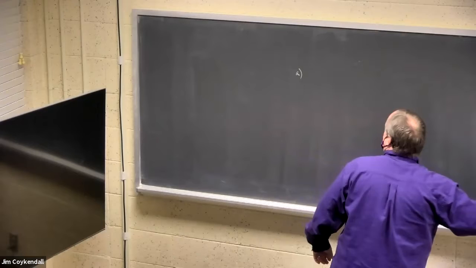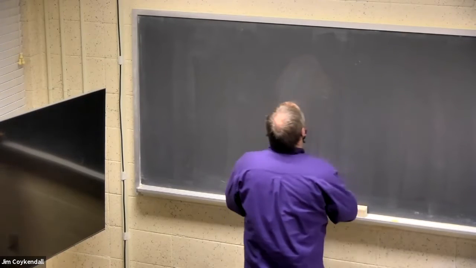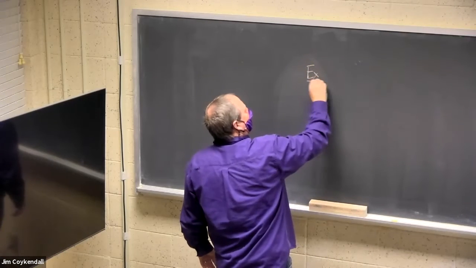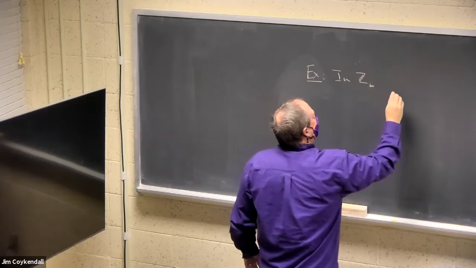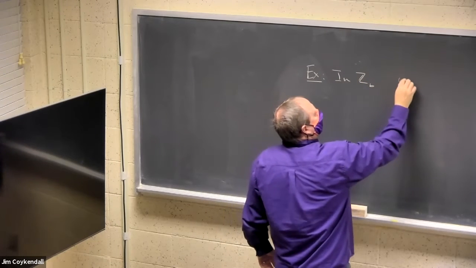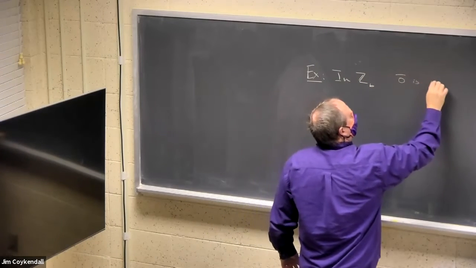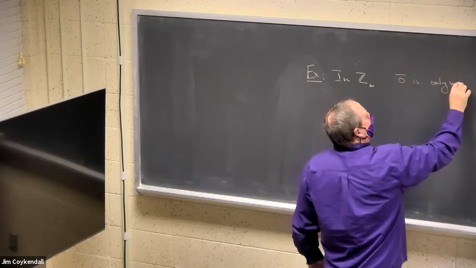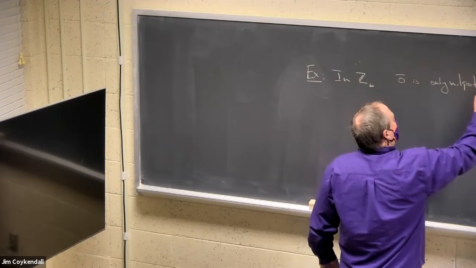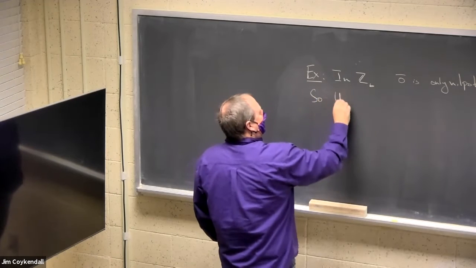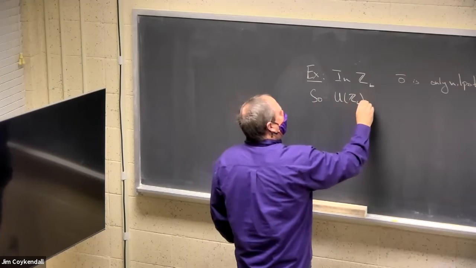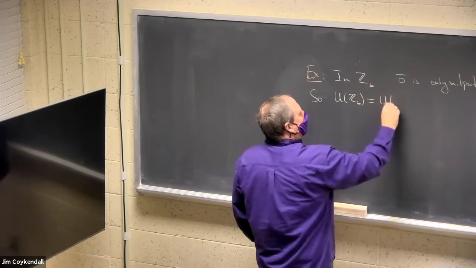Oh, actually, let me give you an example first. In Z6, 0 is the only nilpotent. So U(Z6[x]) is equal to U(Z6).